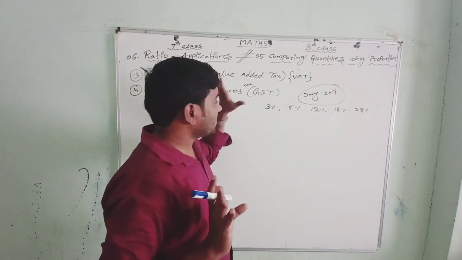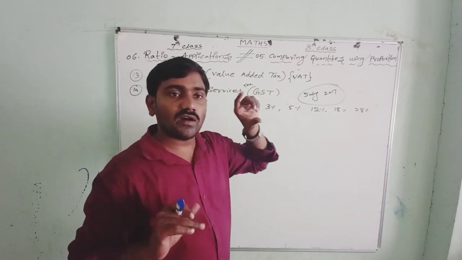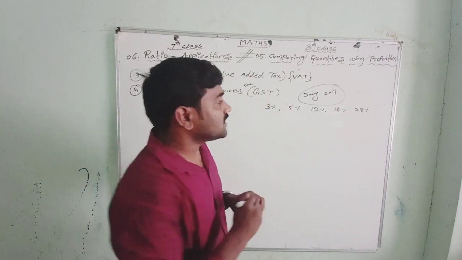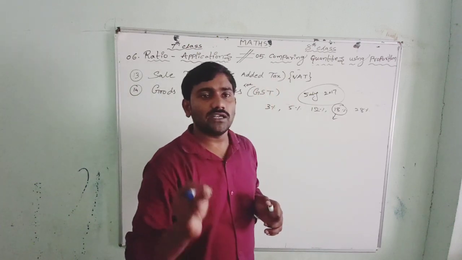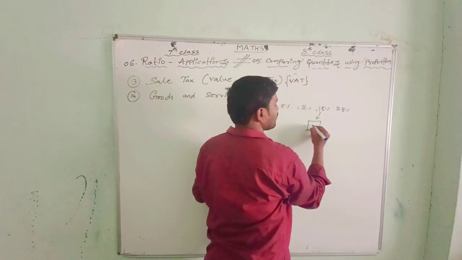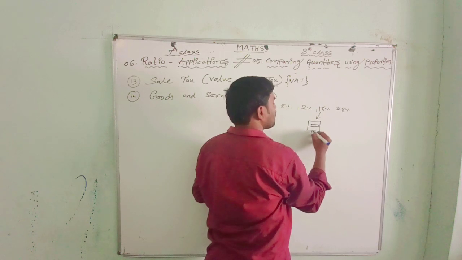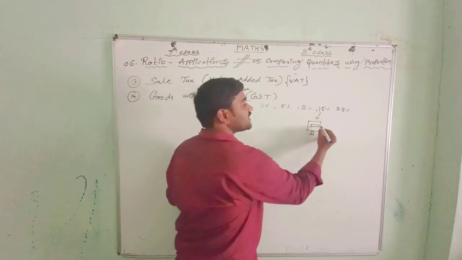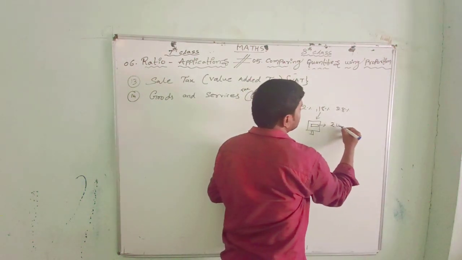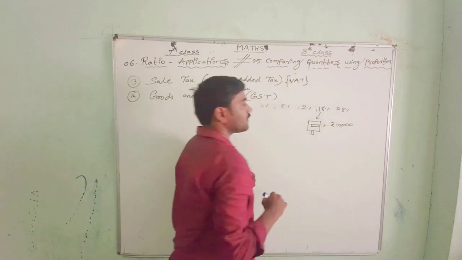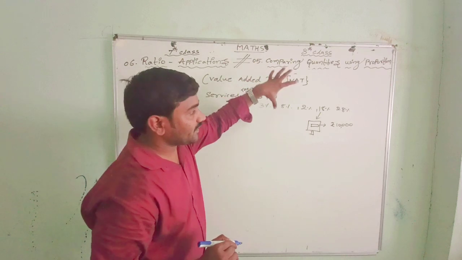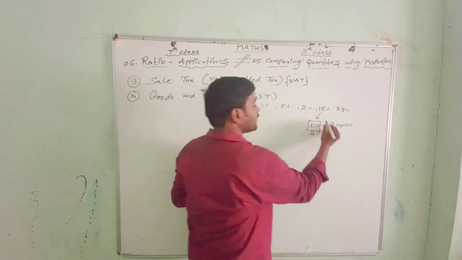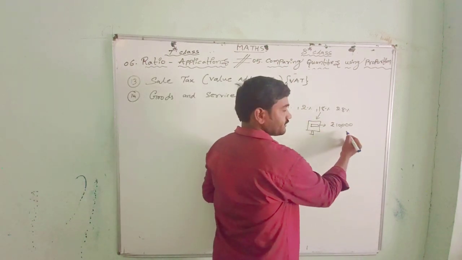Suppose there is an 18% GST on purchasing one TV, and this TV costs 10,000 rupees. The central government has kept a GST on this. Suppose you kept 18% GST on this TV.